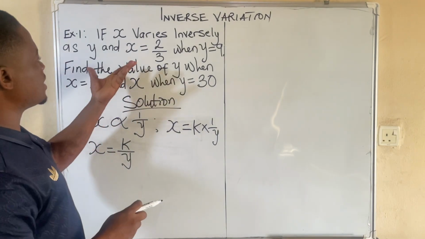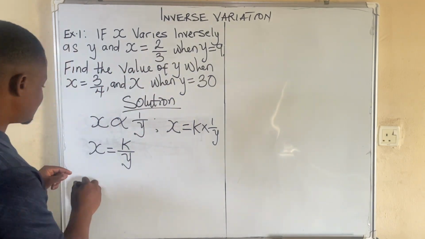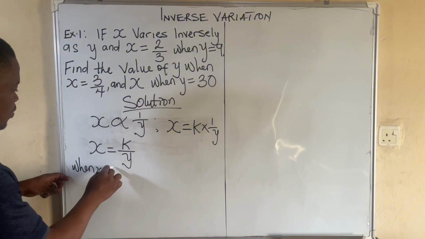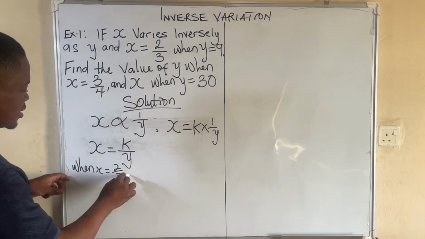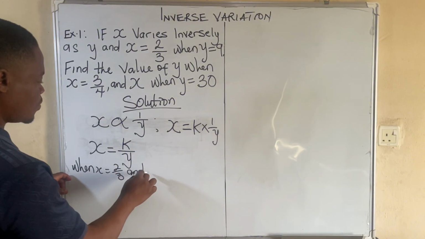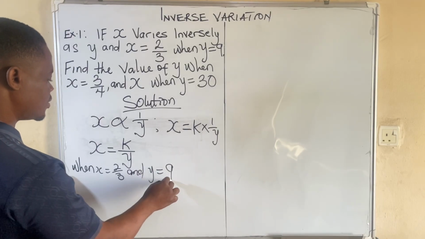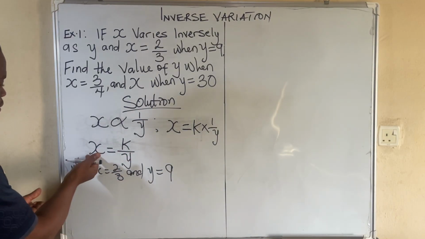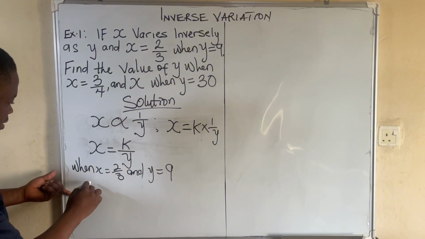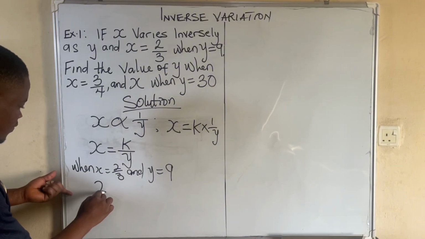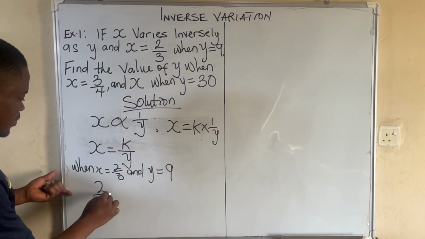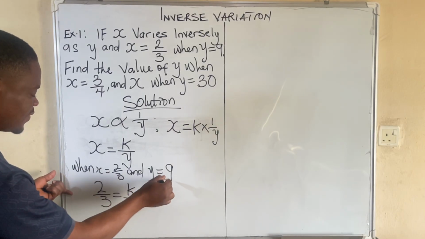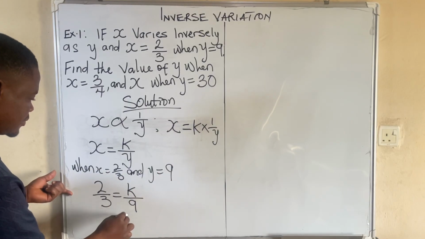Now, by inserting these values, when x equals 2 over 3 and y equals 9, we can get the value of k with this information. So let's substitute. We have that x, 2 over 3, equals k all over, what is the value of y? 9.